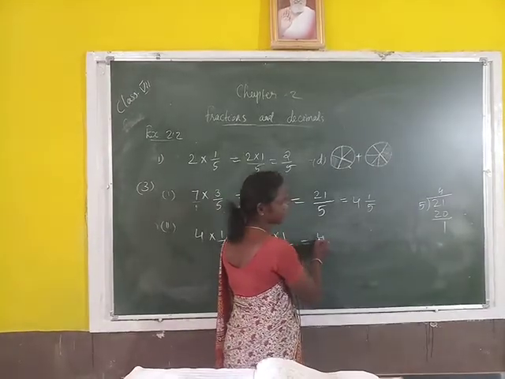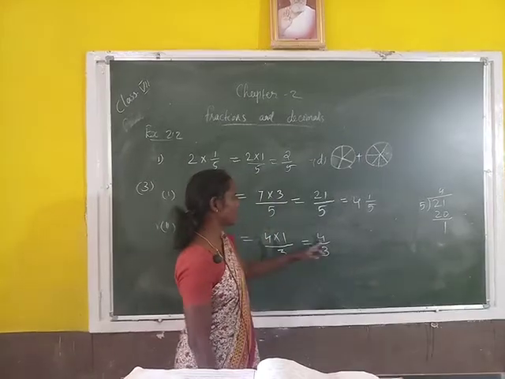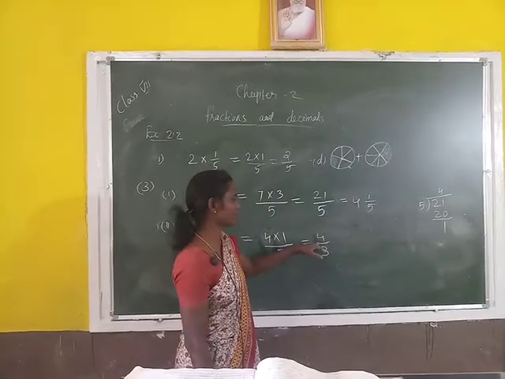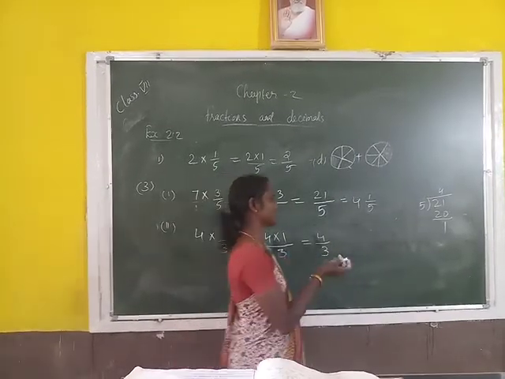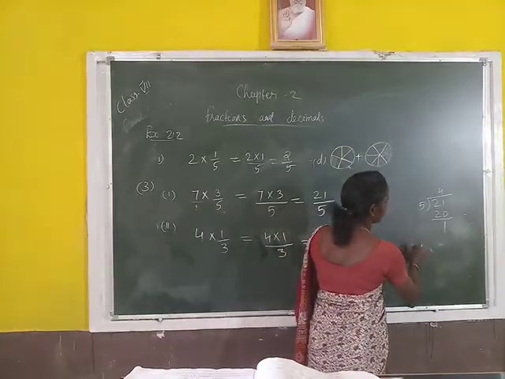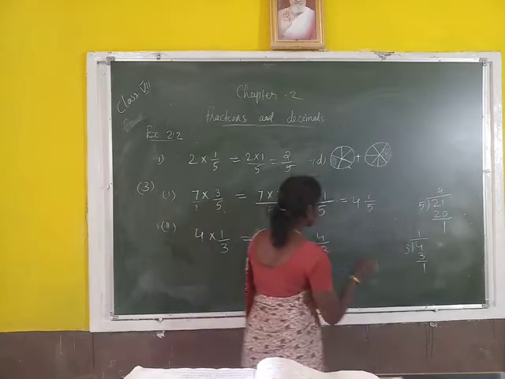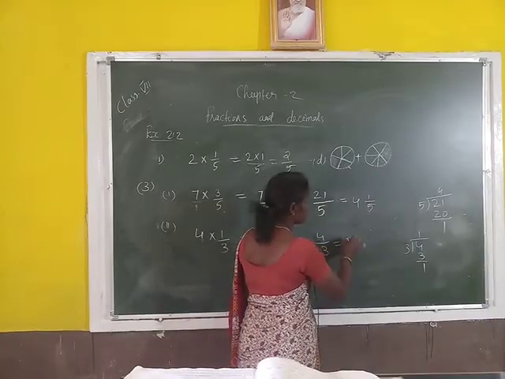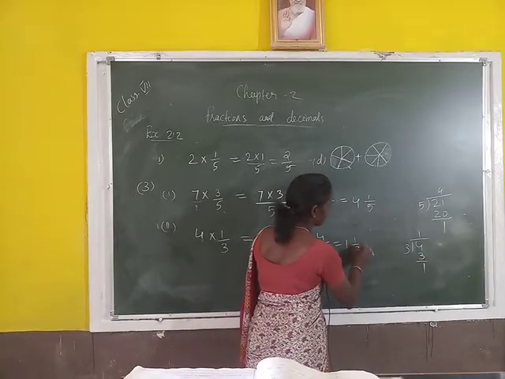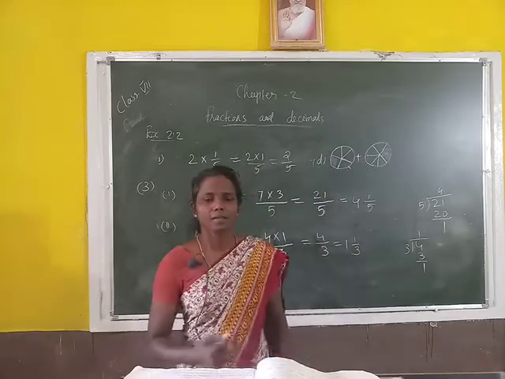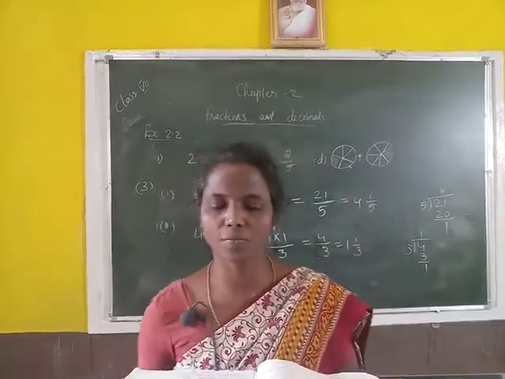Then which type of fraction is this? This is an improper fraction. This improper fraction we can convert into a mixed fraction. Then 4 divided by 3. So what is its mixed fraction? 1 1 by 3.